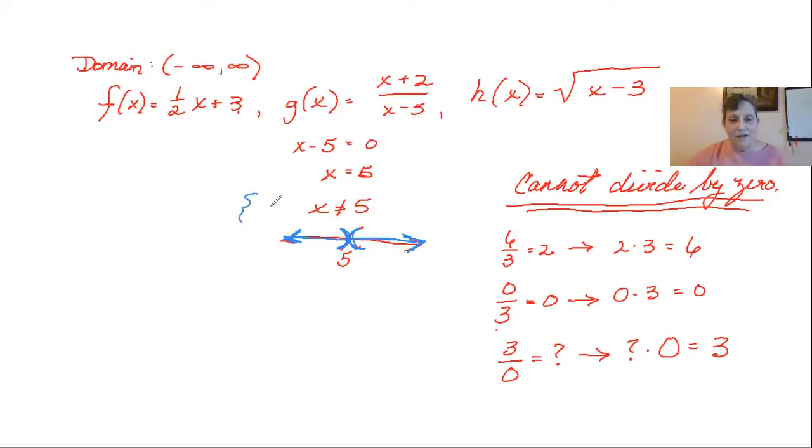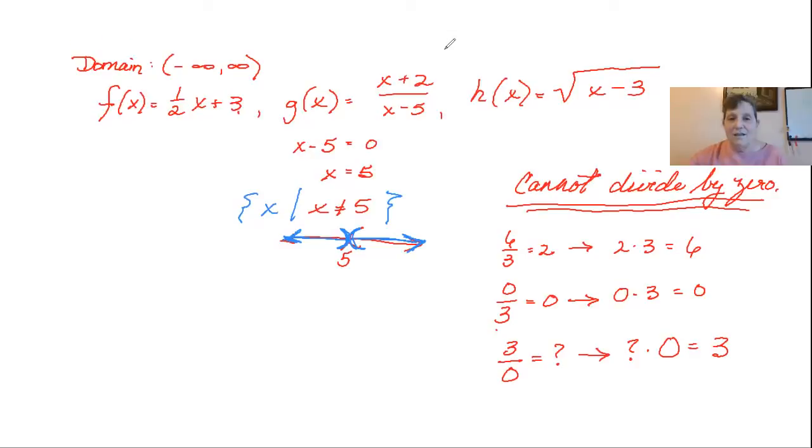I can put it in set notation by just putting these 4 characters around it. Open brace. This means x such that, so this part says what the variable is. The set of x's such that x is not equal to 5.